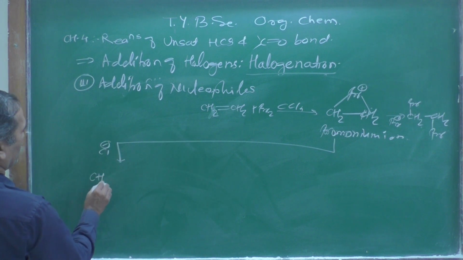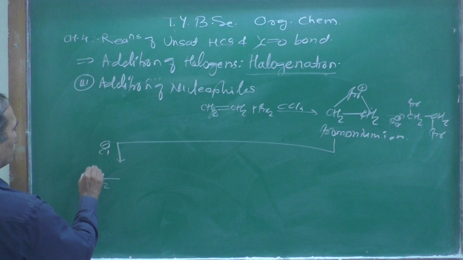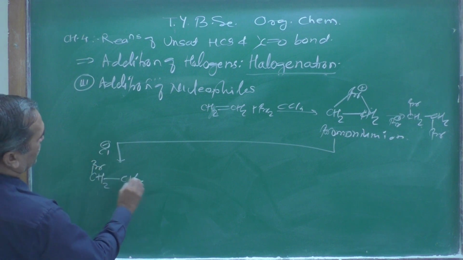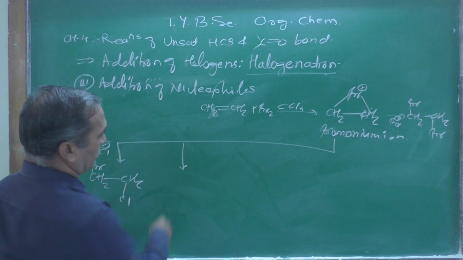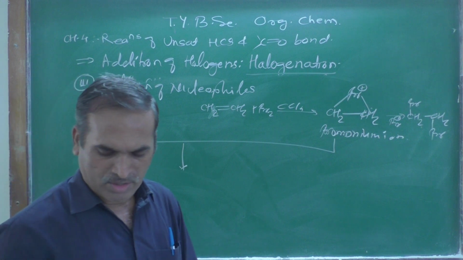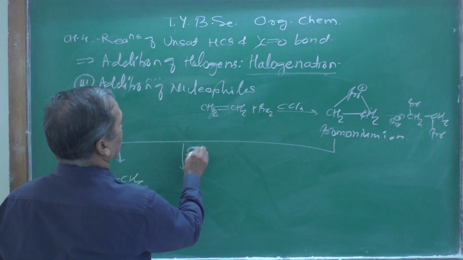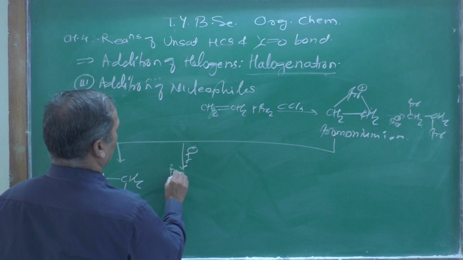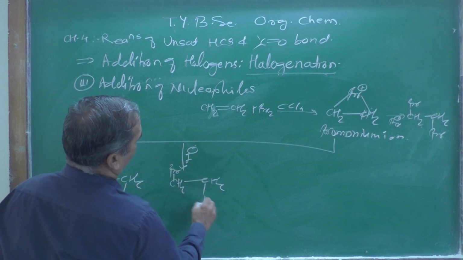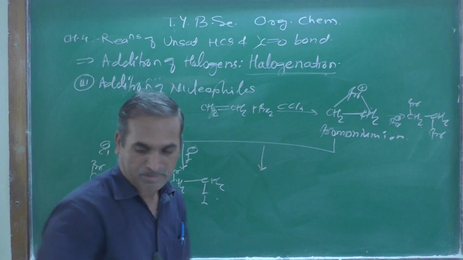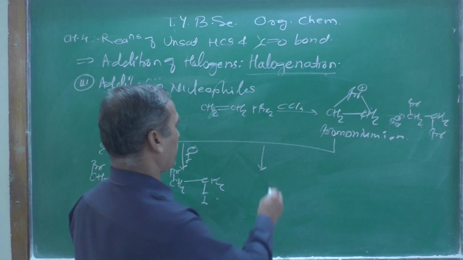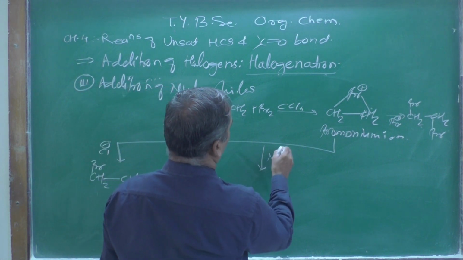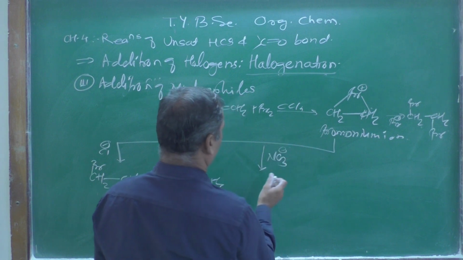You are going to get CH2Br, CH2Cl. Suppose there is an attack of iodide, I minus. What do you get? You will get CH2Br again and CH2I. Suppose it is attacked by nitrite, NO2 minus, nucleophile attack. So what do you get?